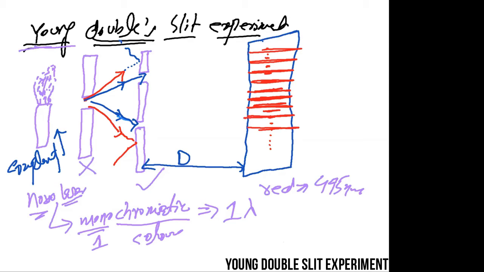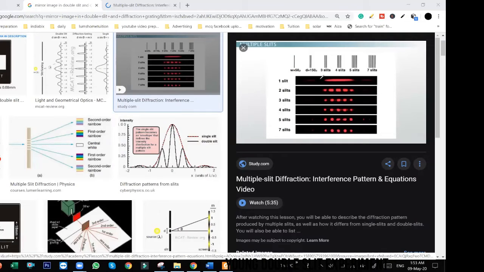Wait, show me on Google the intensity graph for the Young Double Slit and the diffraction grating. If you have one slit, then the intensity will be high, like this. The intensity will also increase. This will be higher than the double slit.